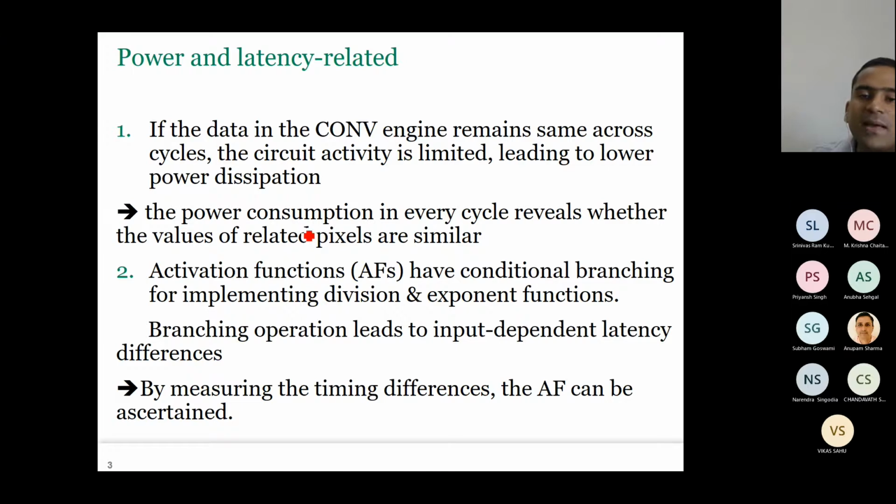So if you can measure the power consumption in every cycle, it tells you whether the values of related pixels are similar. If the values of pixels have not changed much, then power will also be lower, and you can easily measure the power, but you don't know the pixels. So by measuring the power value, you can find out what the pixel value was.